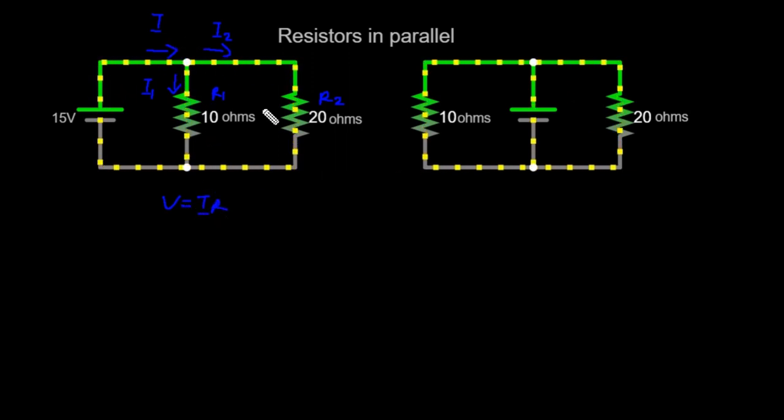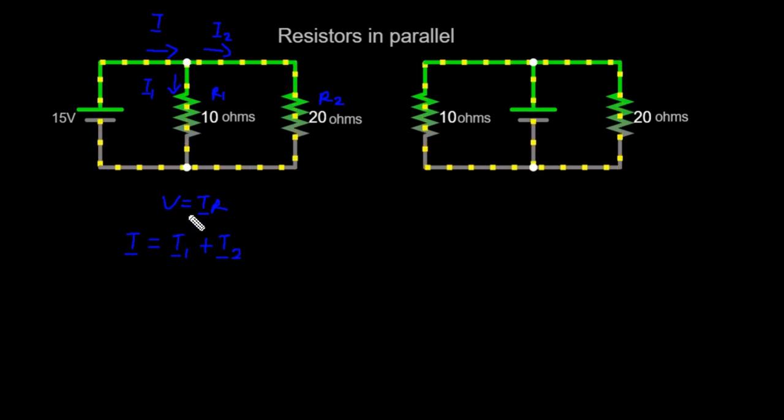So if we find the total current and the total resistance, it will help us calculate the voltage in this circuit. We can find this current I by adding I1 and I2. So we can say I, which is the total current in the circuit, equals I1 plus I2.